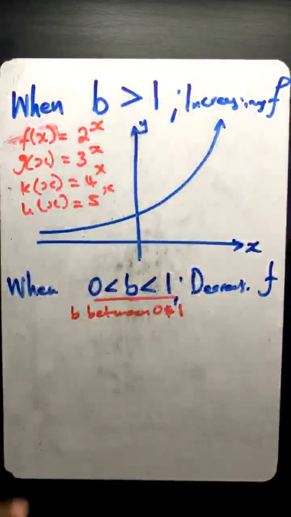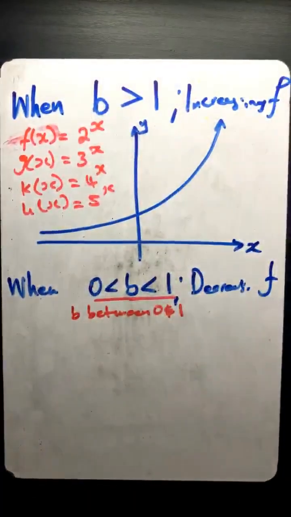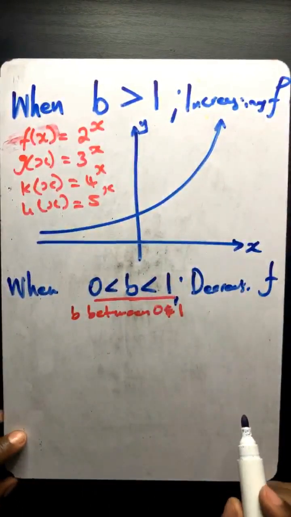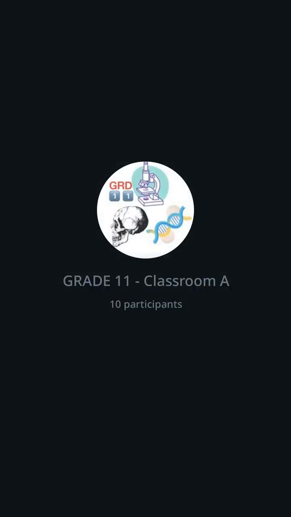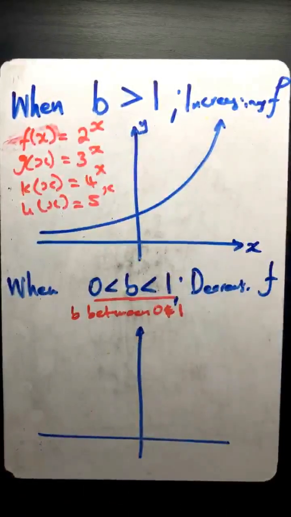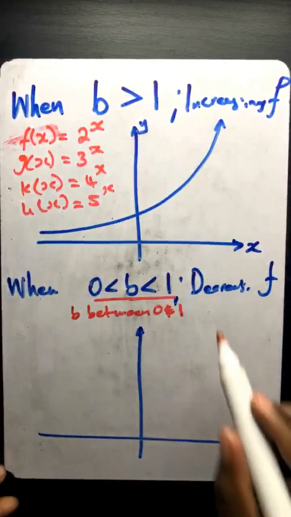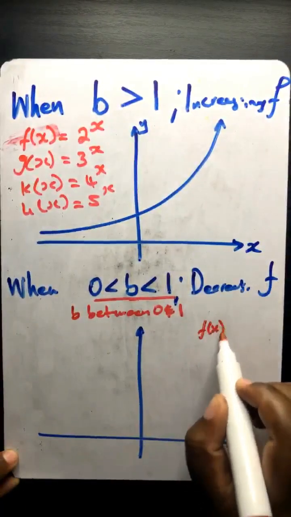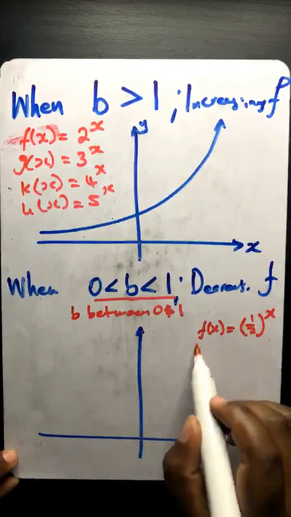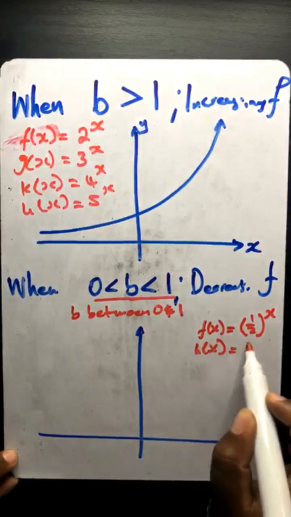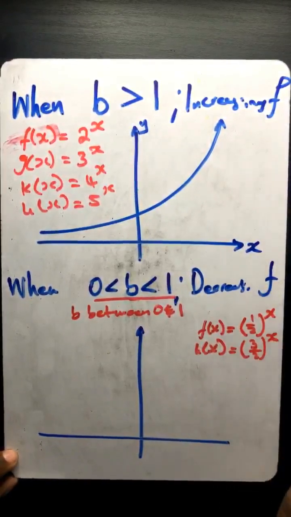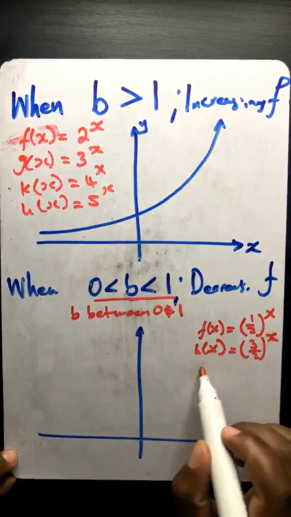But where b is between 0 and 1, you have a fraction as your b. Say you are having f of x equals 1 over 2 to the exponent x, or h of x equals 3 over 2 to the exponent x.